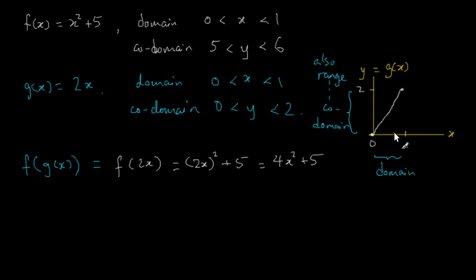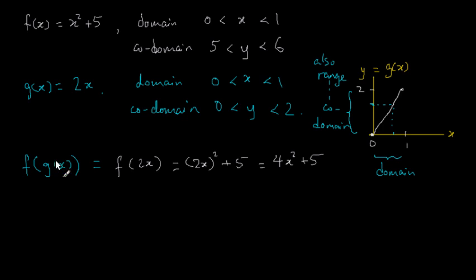So if I take a value here, then I find a corresponding value here, and then that value would then go into the function f. And that's what a composite function means. Now let's take a look at the domain for f(x). The domain for f(x) is between 0 and 1.